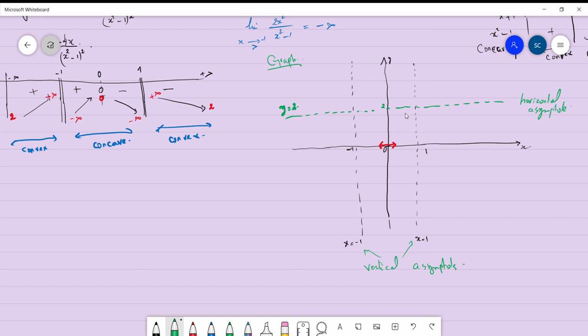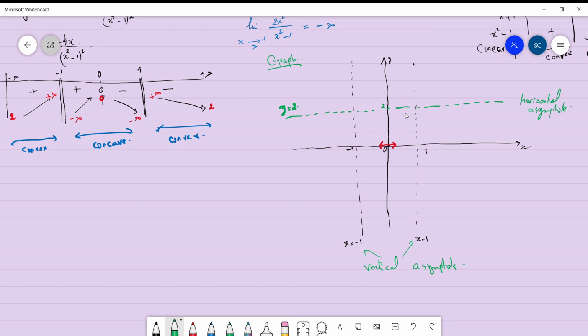Now, from the table, I read that for x less than minus 1, my curve is close to y equal 2, and f of x keeps growing, going to plus infinity, and the shape is globally convex. Convex, so it is increasing.